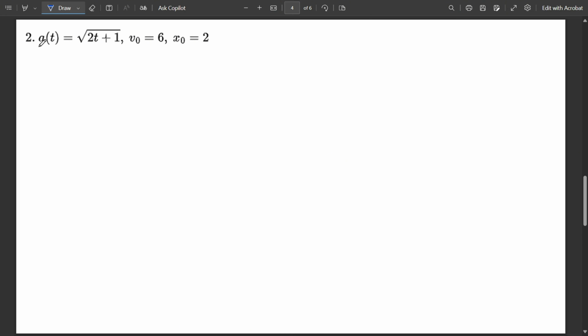Okay, next we have a of t equals the square root of 2t plus 1. Well, v initial equals 6 and x initial equals 2. So, again, same idea.